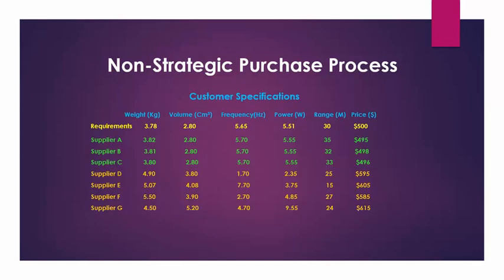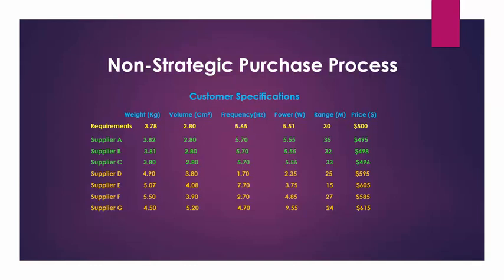Now basically what they're doing here is what's referred to as conformance to specification, in that I'm trying to identify which products meet my specifications, including price. And basically what you can see here is that there are 3 suppliers in green which meet the specs, and then there's 4 suppliers at the bottom in orange who don't meet the specs. So basically I'm going to narrow my evaluation down to the 3 that are in green at the top, A, B, and C.